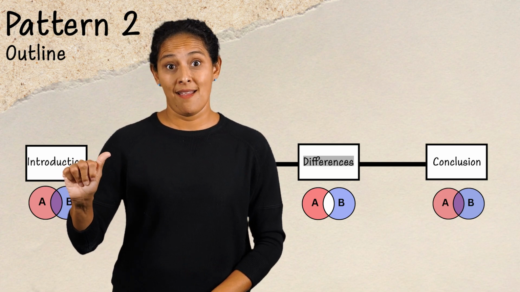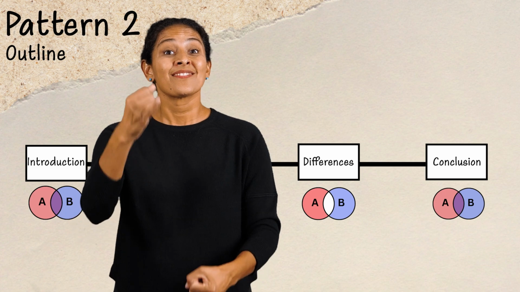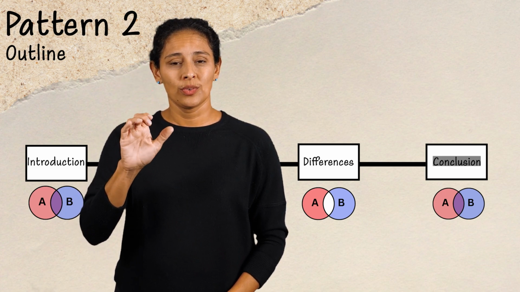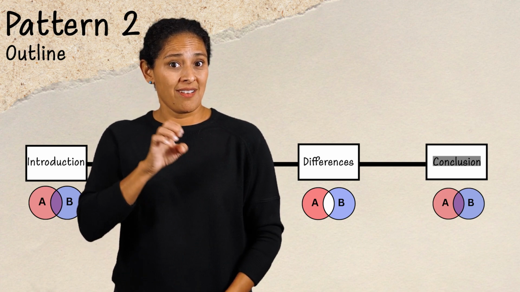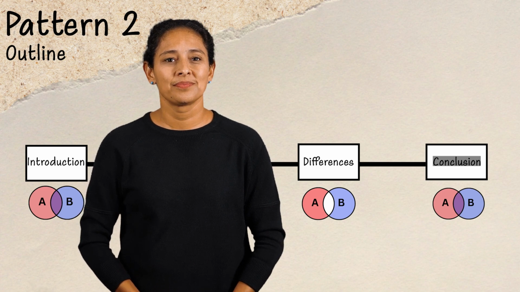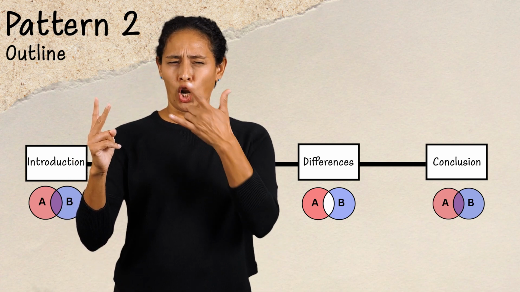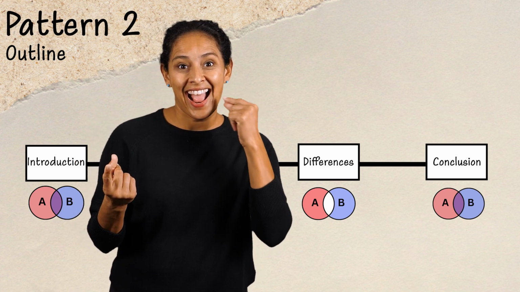Next, we would describe how A and B are different. Finally, we would conclude our writing mentioning important parts of our essay. Let's see how pattern 2 would look with our example using dogs and cats.